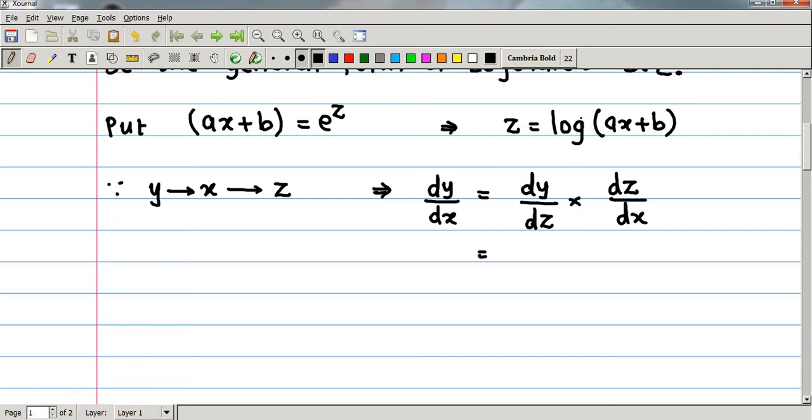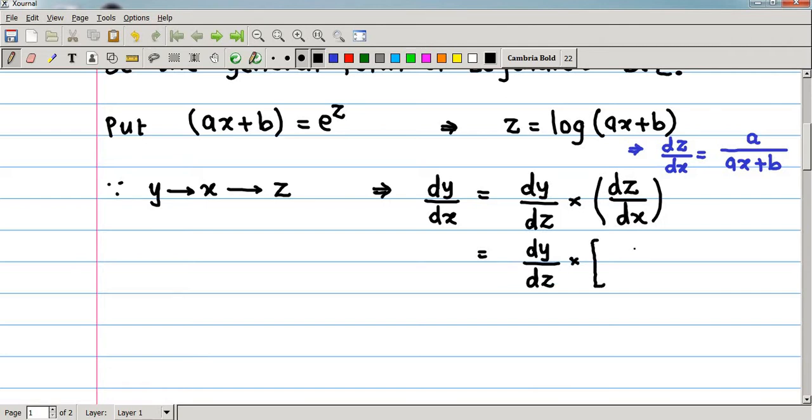Since z is equal to log of ax plus b, from this relation we can find the value of dz by dx, and this value will be 1 upon ax plus b into the derivative of ax plus b with respect to x, which is a. Now we substitute that value here. Therefore dy by dx is equal to dy by dz into a upon ax plus b.